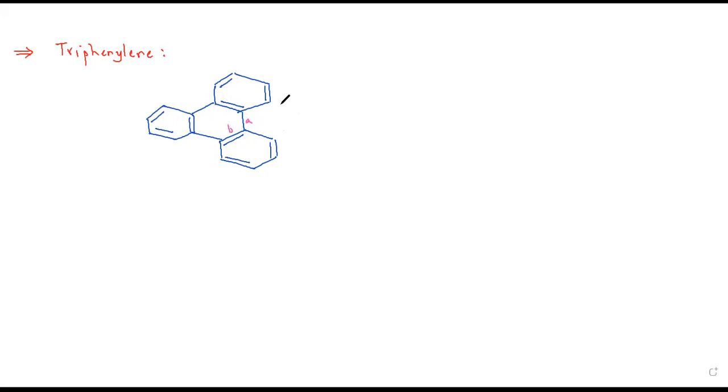This is A, this is B. Consider this as X and this as Y. See, because of resonance, of course, X is equal to Y, but A is not equal to B. It has actually got 9 contributing structures. Among those 9 contributing structures, in almost all, 8 structures, A is a single bond.